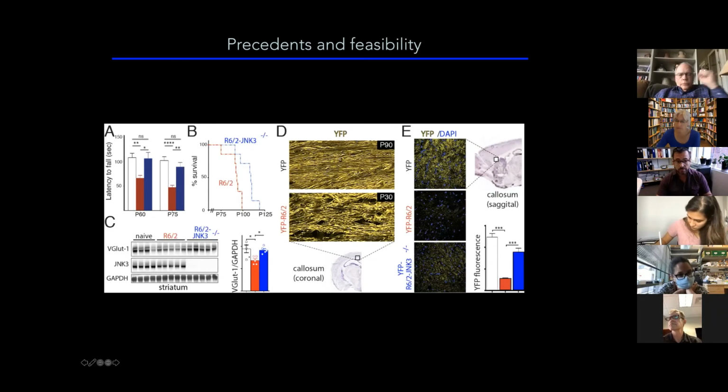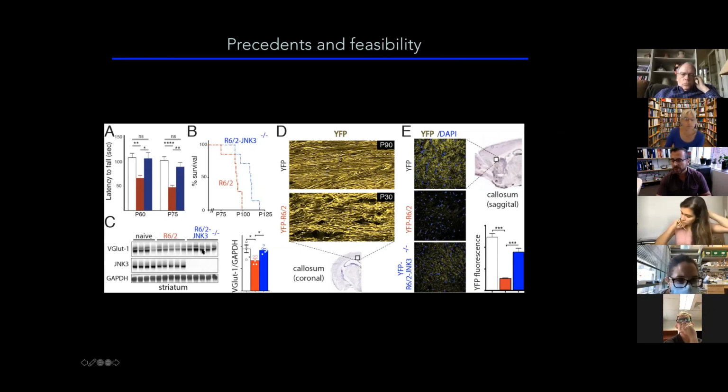So at least in this parameter it was clearly recovered, and the survival of the mouse was much longer. And if you analyze the amount of synaptic terminals from the cortical neurons that arrive to the striatum, you can see that in the R62 there is a dramatic reduction of this vGLUT1 marker that is recovered again in the R62 mice that don't have JNK3.